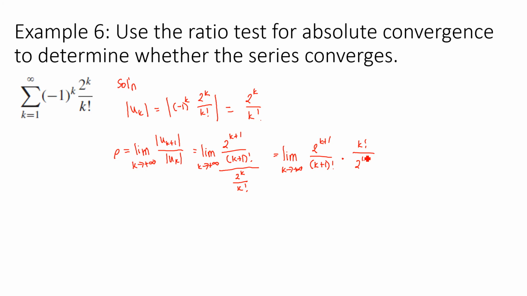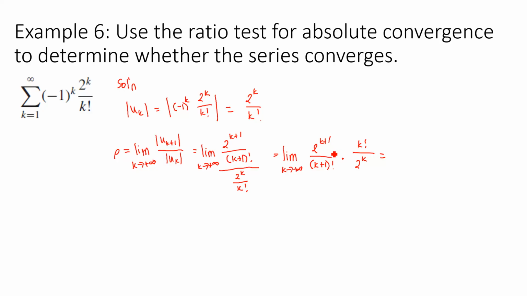In this case, since we multiply by the reciprocal, we can simplify. Since you have 2 raised to k plus 1, this can be expressed as 2 raised to k times 2.